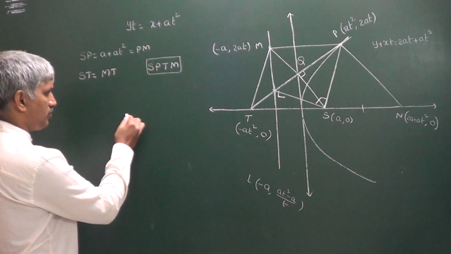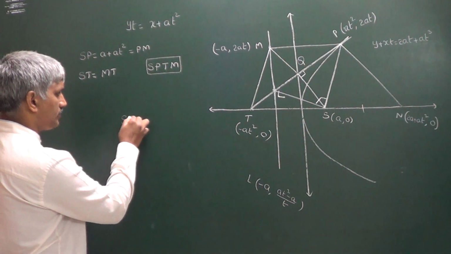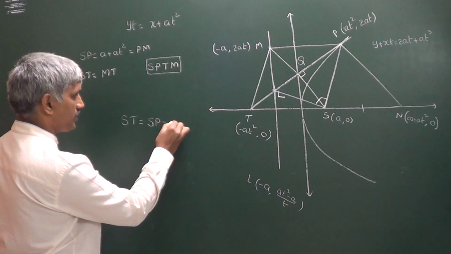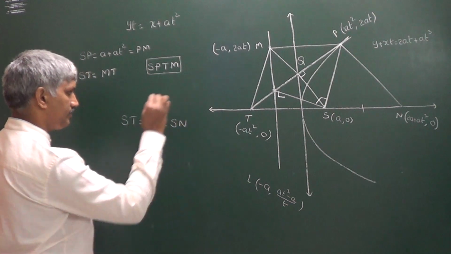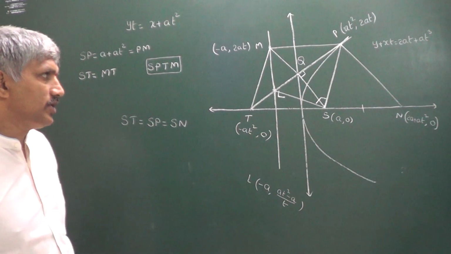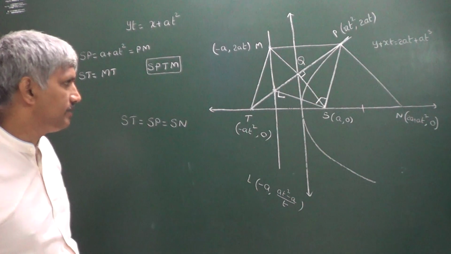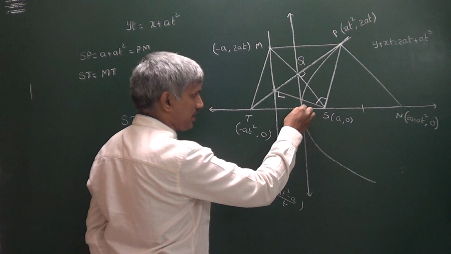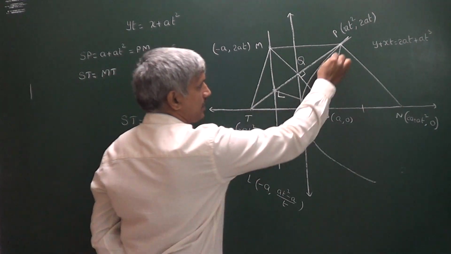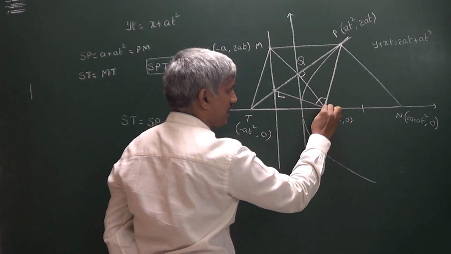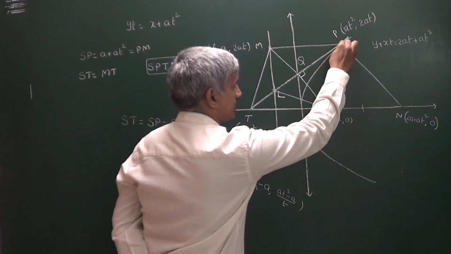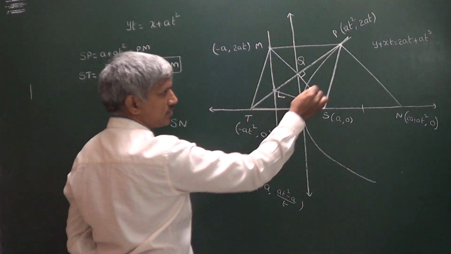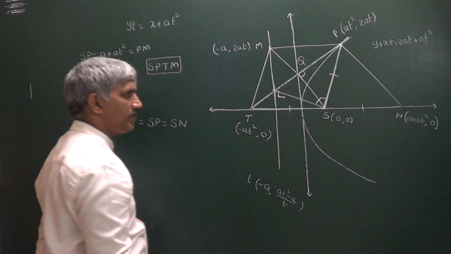So another information you can observe, ST is the same as SP is the same as SN. Agree or not? ST is the same as SP is the same as SN. Okay, ST is the same as SP. Then what we can say, this triangle is an isosceles triangle because this side and this side are same.